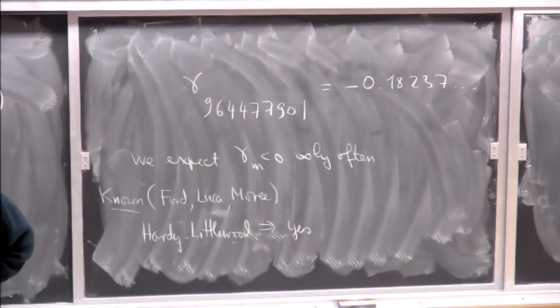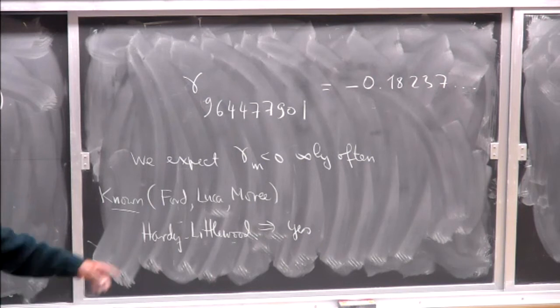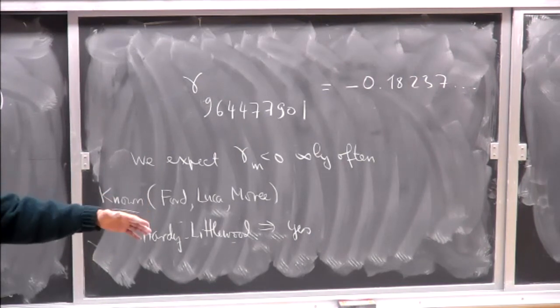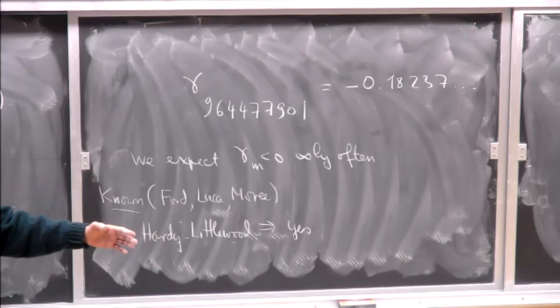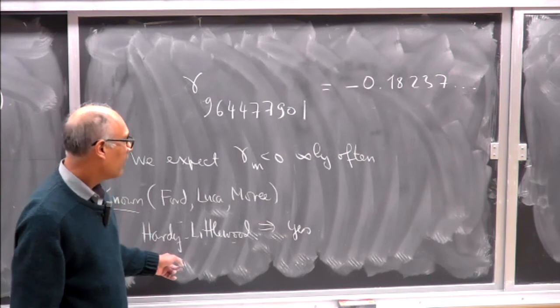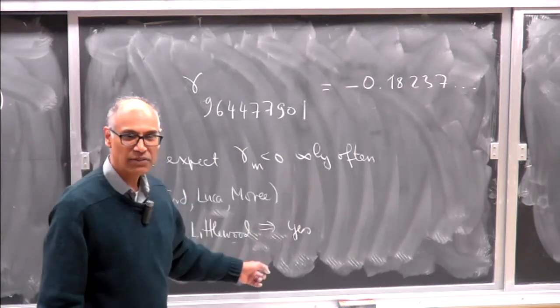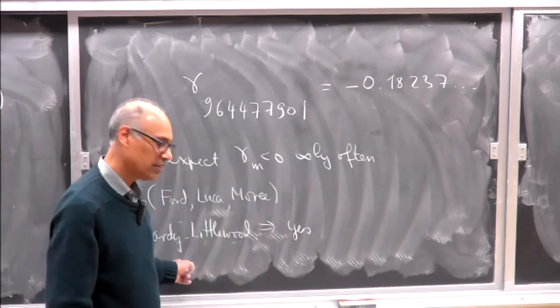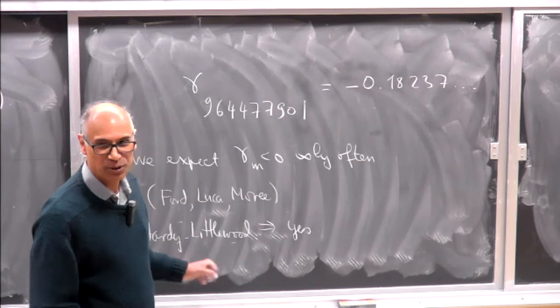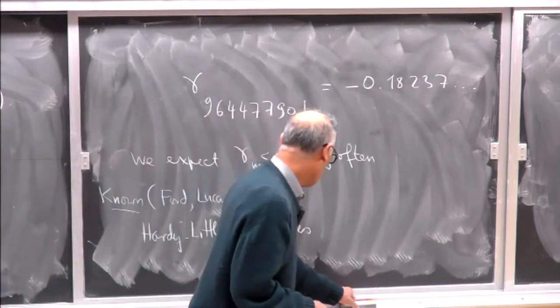Hardy-Littlewood conjecture is about, for example, the conjecture that says there are infinitely many primes P such that 2P plus 1 is also prime. Well, Hardy-Littlewood conjecture generalizes that to any sequence, A1 P plus 1, A2 P plus 1, and so on, all of those being prime simultaneously. If that conjecture is true, as some people think is true, then this is true infinitely often. I should tell you that when Ihara was first told about this, he said Hardy-Littlewood is probably false. So people have different opinions on it.